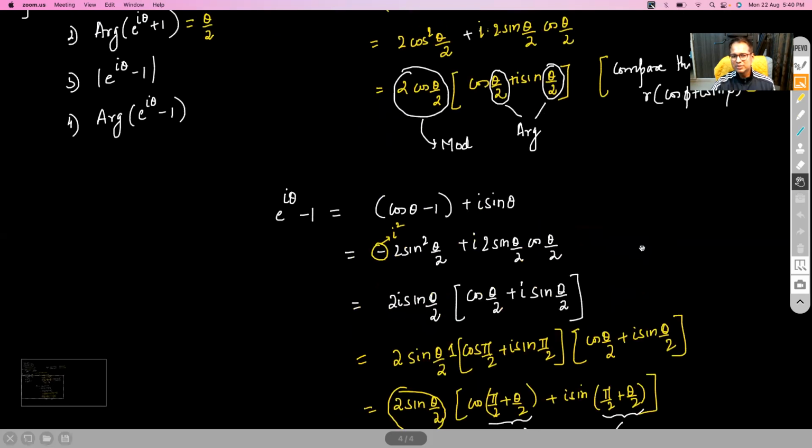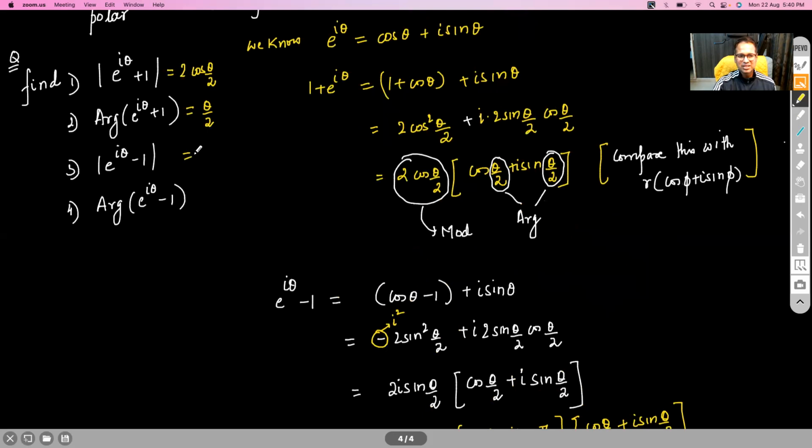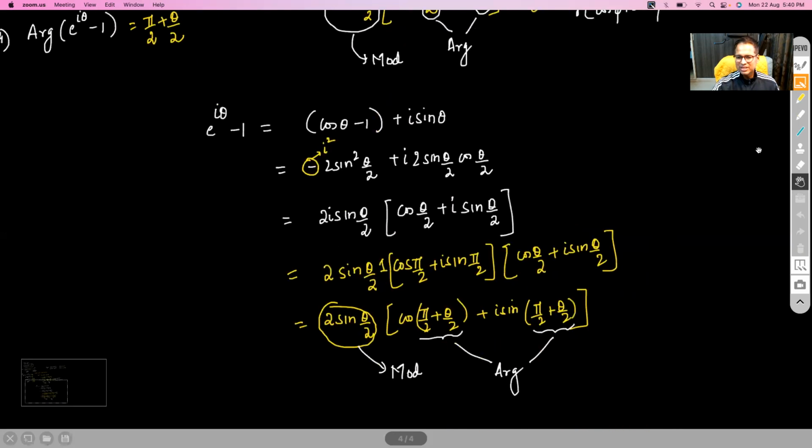So this becomes 2 sine theta by 2 and the argument here is pi by 2 plus theta by 2. Clear, everyone? Now this expression that I have written is also a very important expression, so I would request you to note it down, because many times it is helpful in solving a few questions.